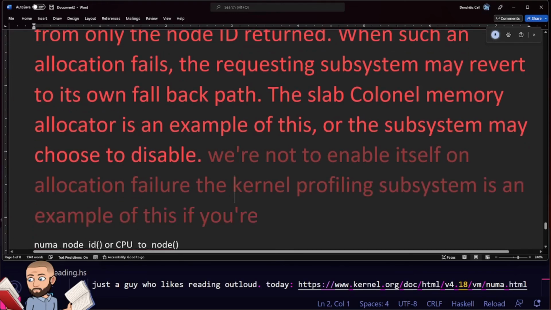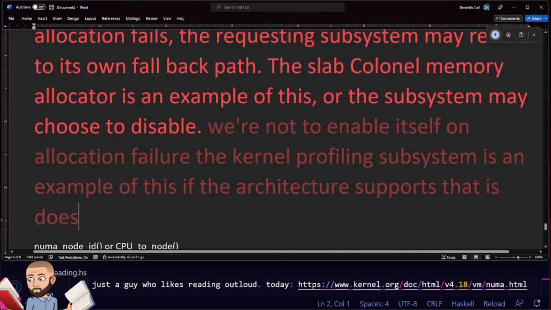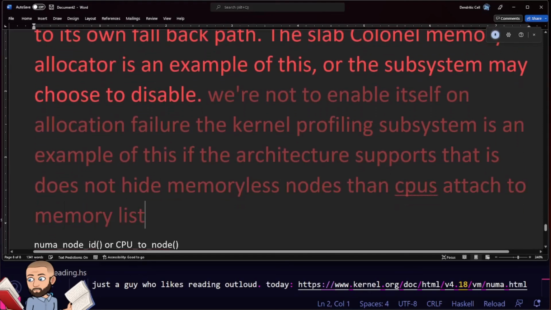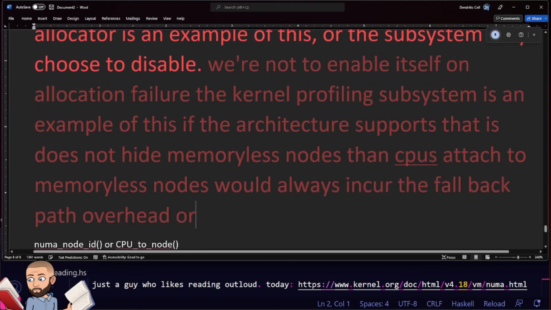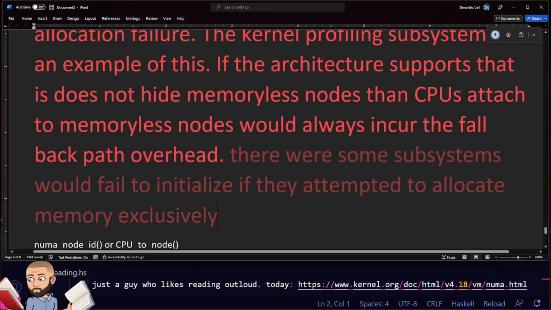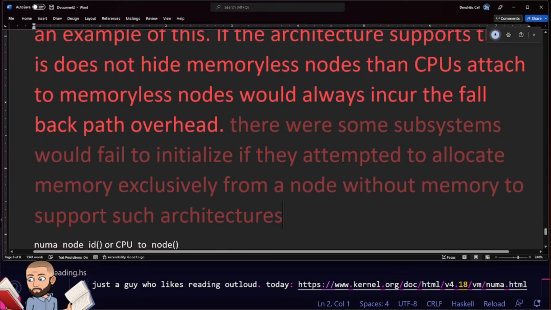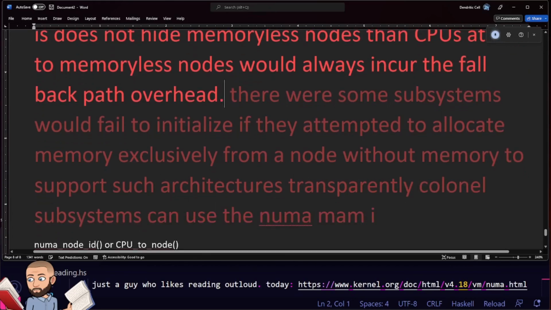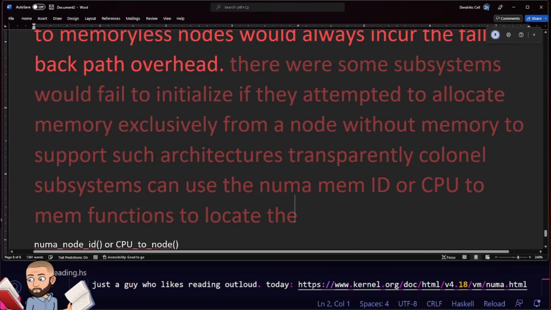If the architecture supports it, that is, does not hide memoryless nodes, then CPUs attached to memoryless nodes would always incur the fallback path overhead, or some subsystems would fail to initialize if they attempted to allocate memory exclusively from a node without memory. To support such architectures transparently, kernel subsystems can use the numa_mem_id or cpu_to_mem functions to locate the local memory node.